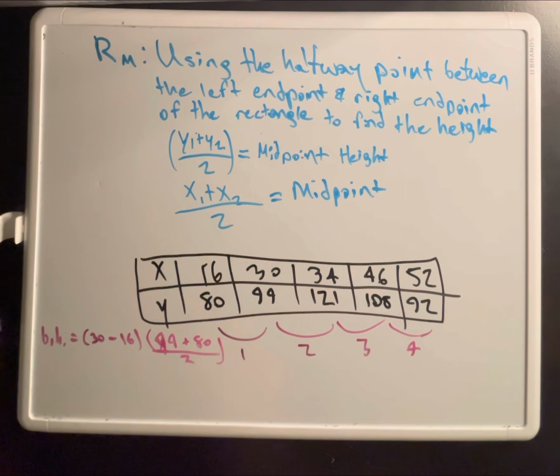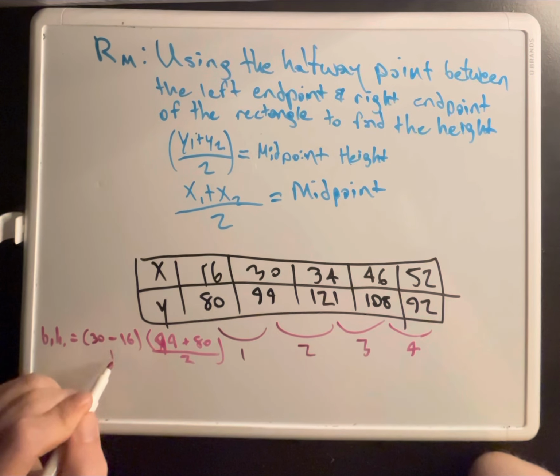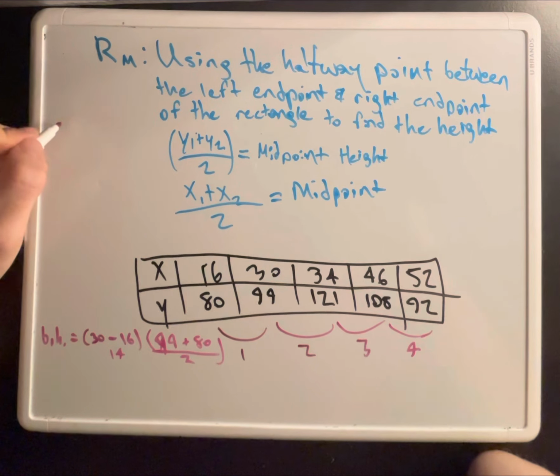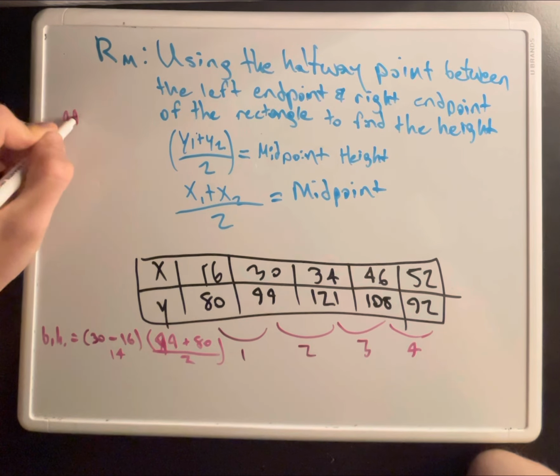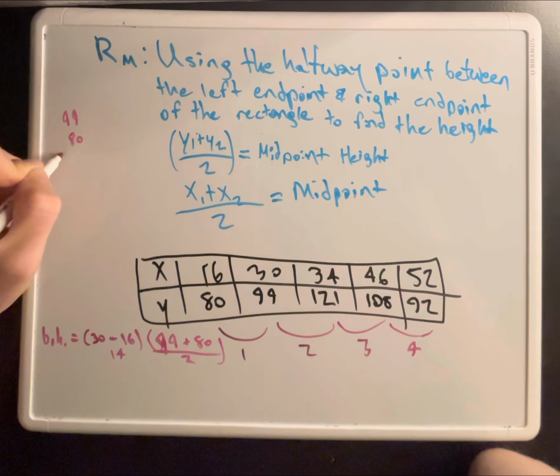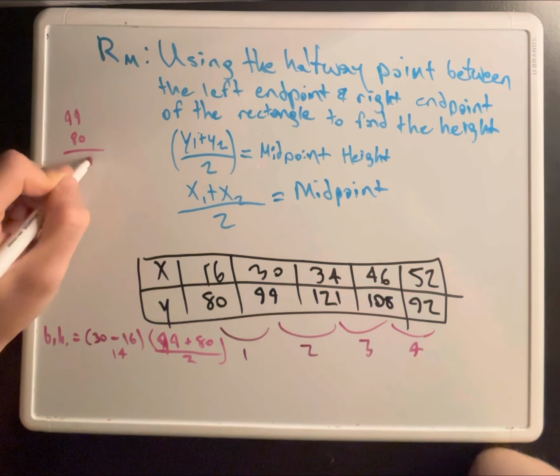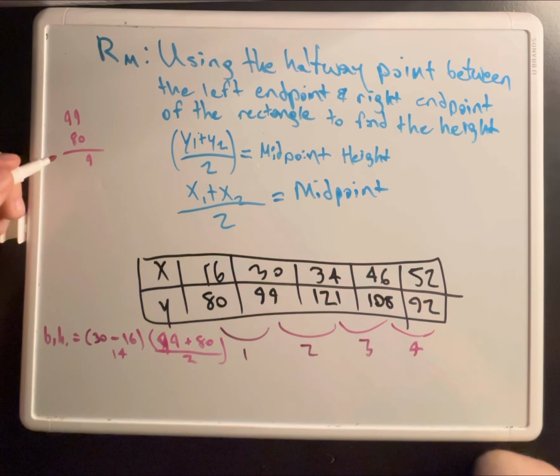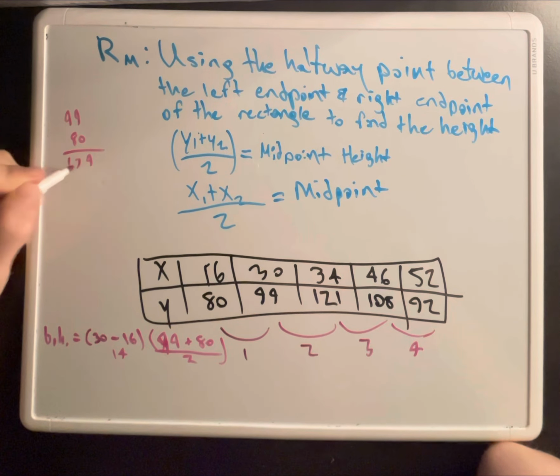All right, so we can use a calculator, we can use our hand. Let's do this by using our hand. So we have 30 minus 16, I don't think we need to write that out. That's 14, but this we do 99 plus 80, so 9 plus 8 is 17, good job, whoever said it.